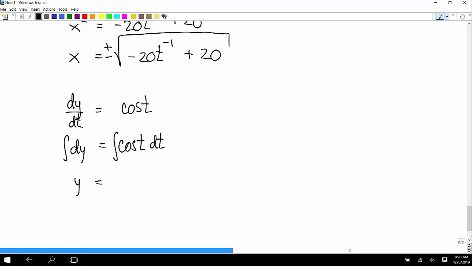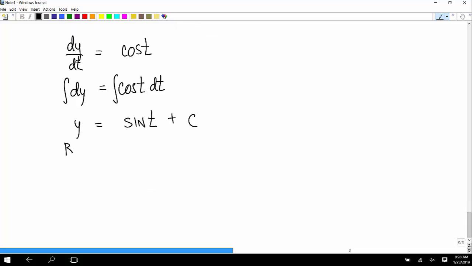And you get y is equal to sine of t plus C. Then the boundary condition for that one says when time is equal to 1, y is equal to 15. So 15 equals sine of 1 plus C. C is equal to 15 minus sine of 1.